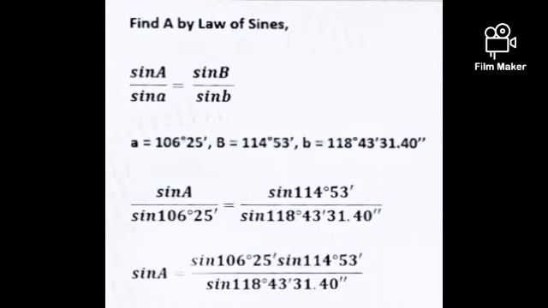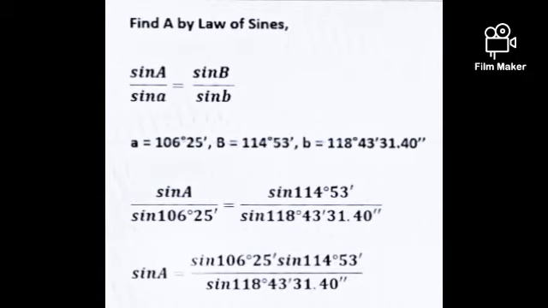And we have solved for side small b, 118 degrees 43 minutes, 31.40 seconds. And we get sine of A over sine of 106 degrees 25 minutes equals sine of 114 degrees 53 minutes over sine of 118 degrees 43 minutes 31.40 seconds.